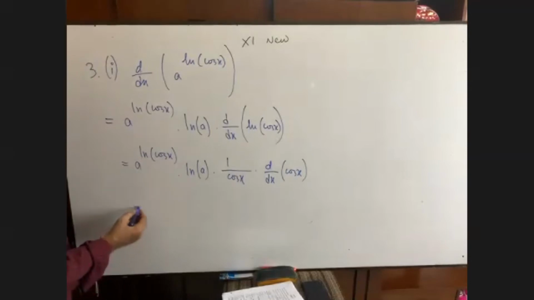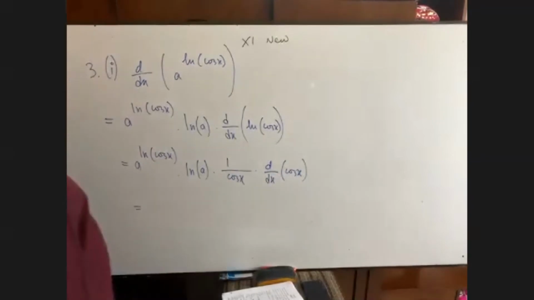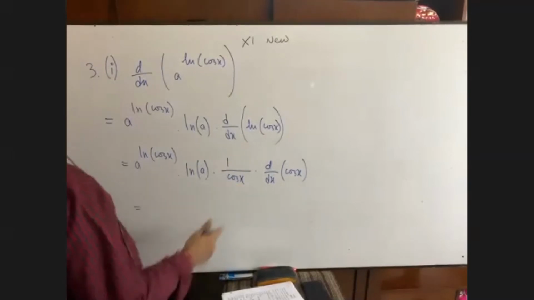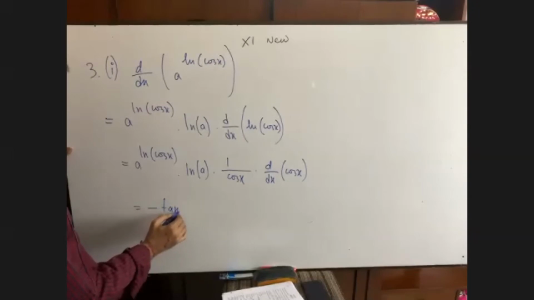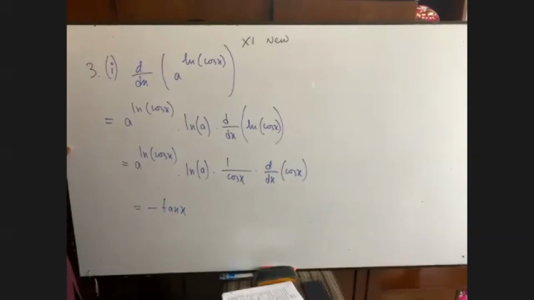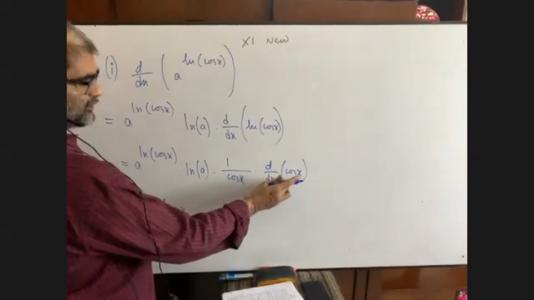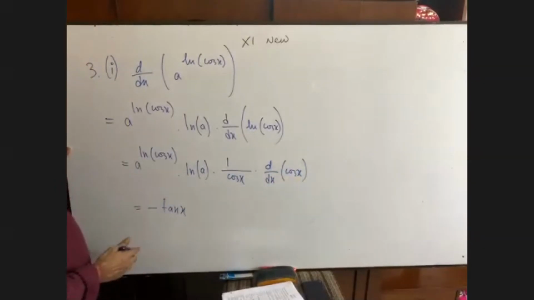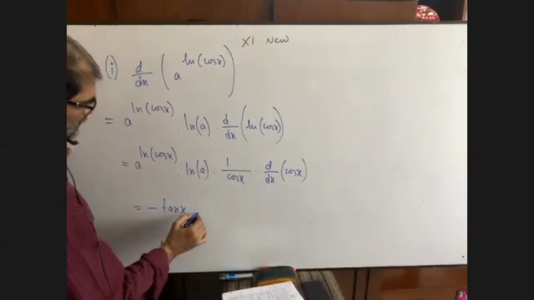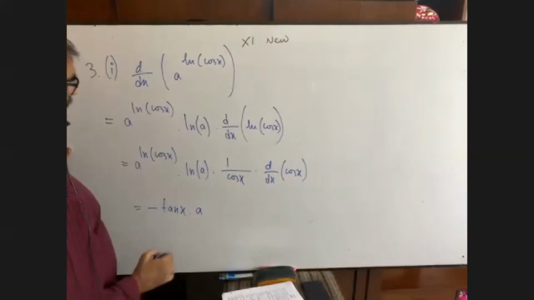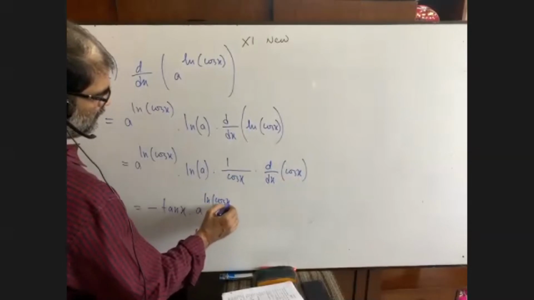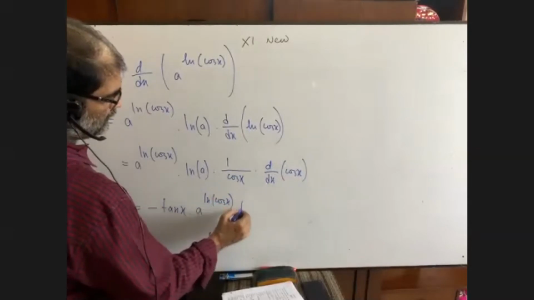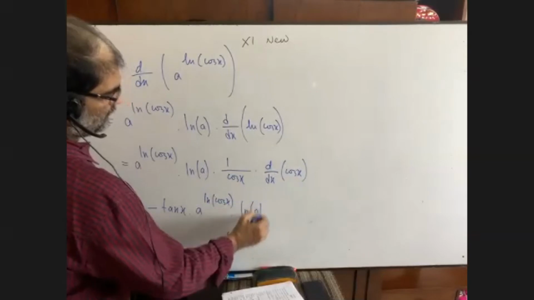Now, what is the derivative of cosine x? Minus sine x. So sine by cosine equals to tan. So if I write down here minus tan x at first, we are left with a to the power ln cosine x dot ln a. This is the answer.